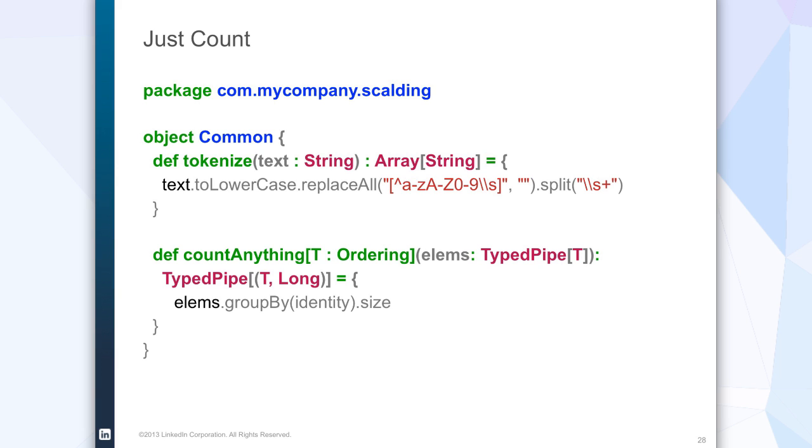It's not very important for the scope of this talk to understand how exactly it works, but we just do a context bound on the types that we support with CountAnything, and we say that we can count anything as long as it has ordering associated with it.